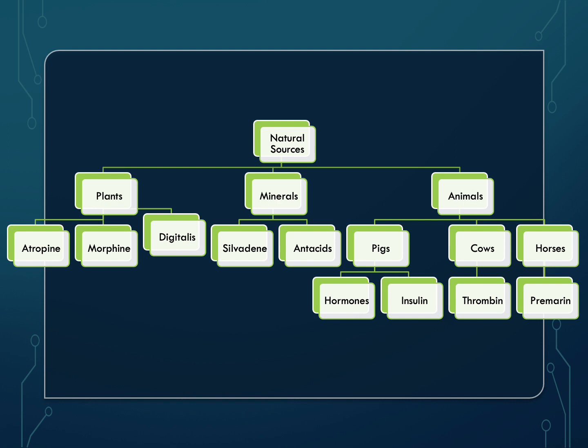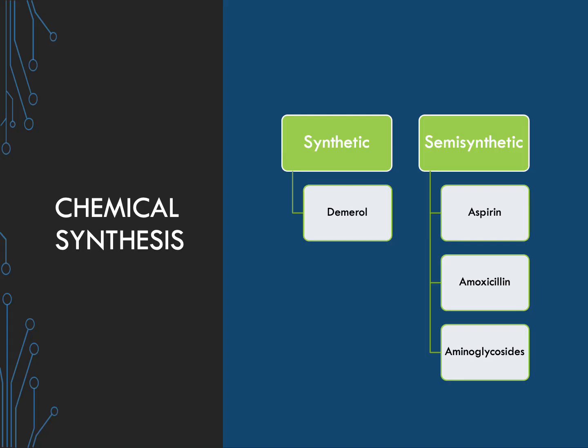Now that we have a better understanding of natural drug sources, let's take a closer look at chemical sources. If natural sources are the first sources of drugs, then chemical synthesis is definitely the second. Chemical drugs fall into two categories, and you can see them in green on the slide in front of you, and they are synthetic and semi-synthetic.